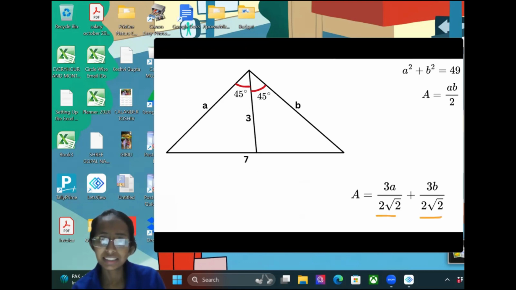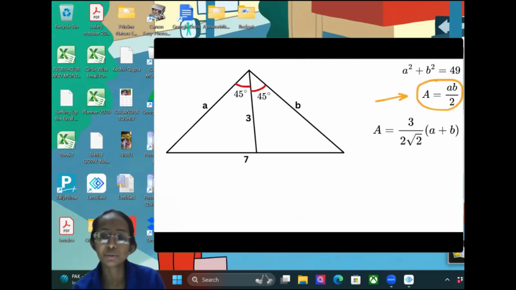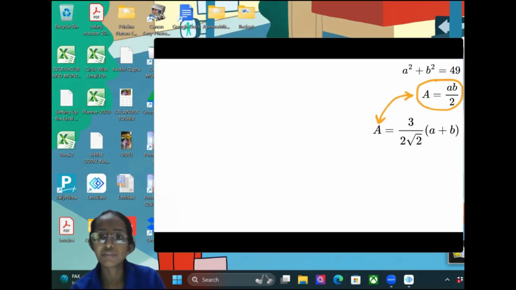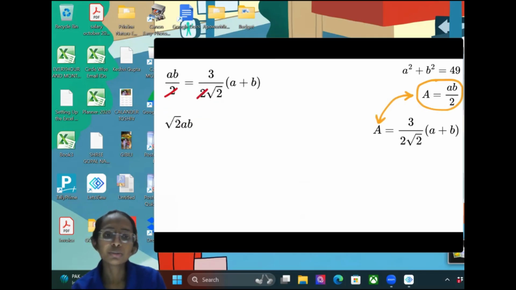Now we can take 3 by 2 root 2 common, and we have the area as 3 by 2 root 2 times A plus B, but our area A is equal to AB by 2. So we can equate these two equations and the 2 gets cancelled out. Taking the root 2 to the left hand side, root 2 times AB is equal to 3 times A plus B.